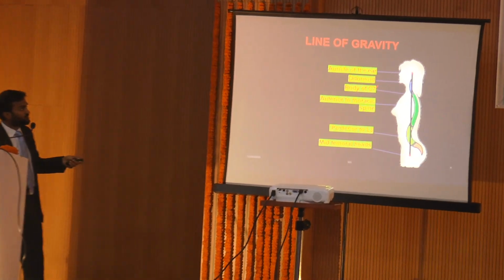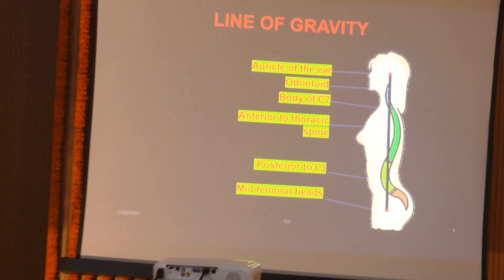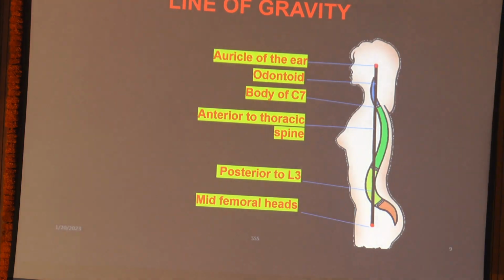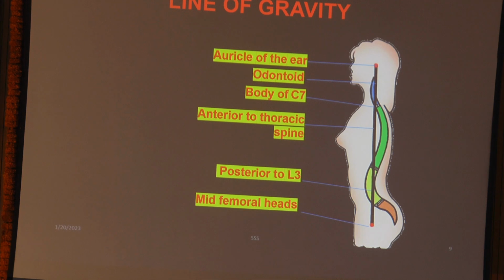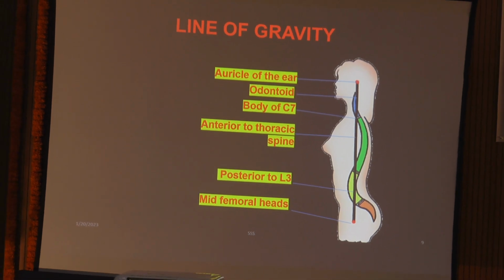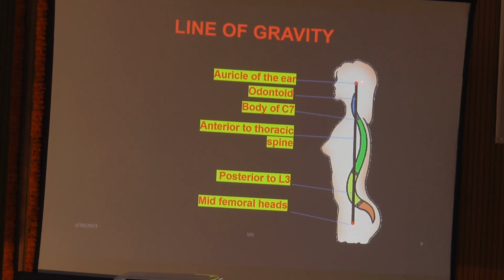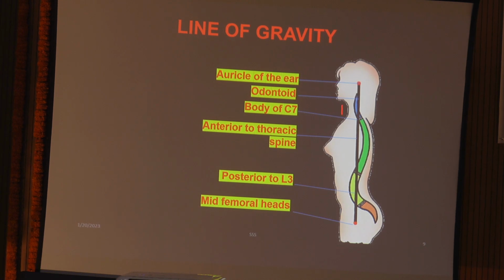This is important. In the previous years, even the Egyptians used something called the plumb line. The plumb line used to pass like this. What all the anatomical landmarks is it passing?